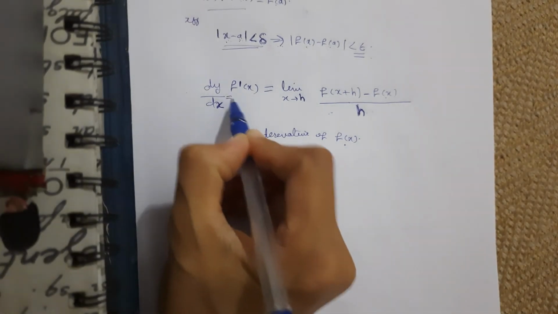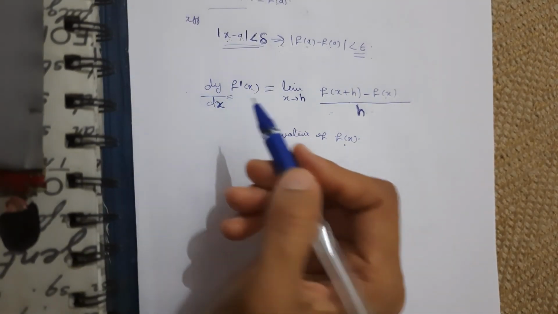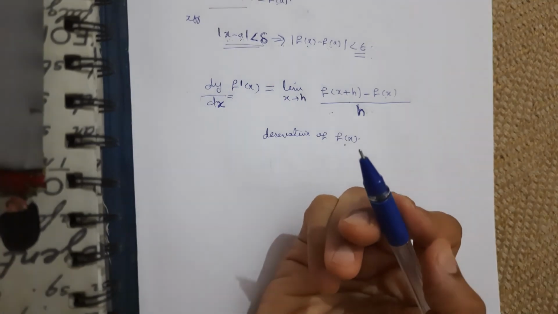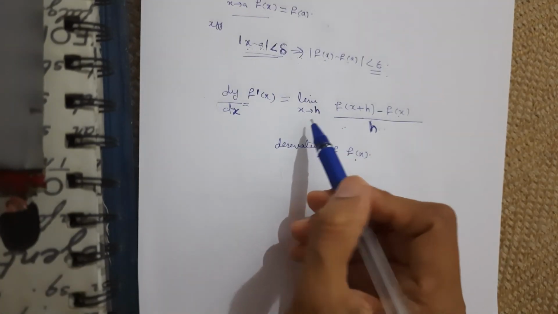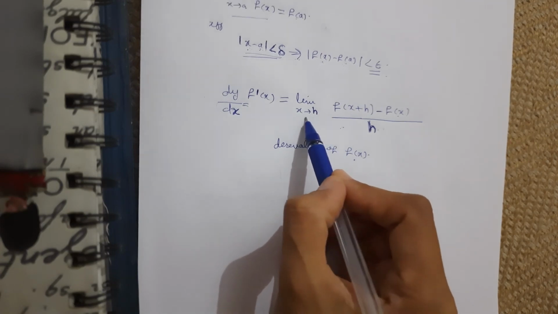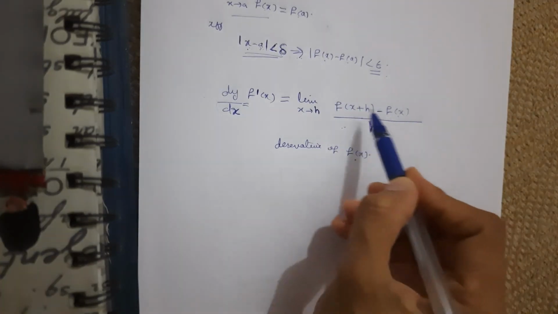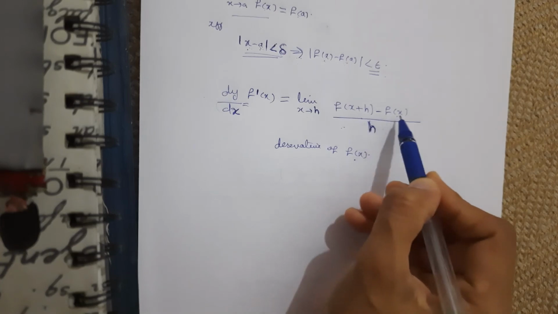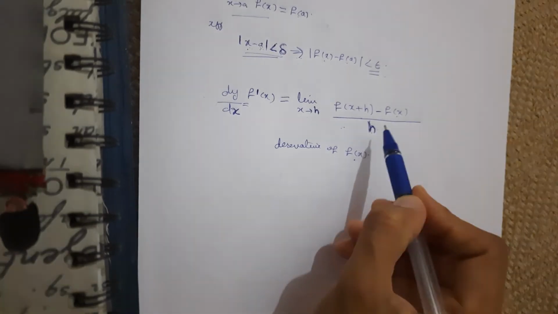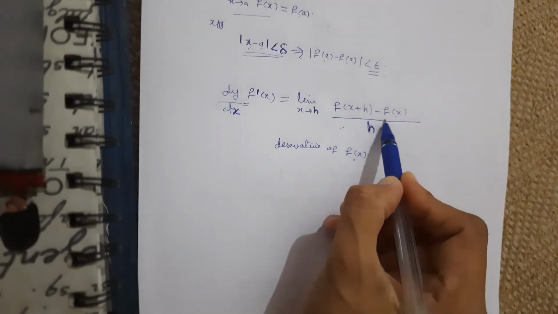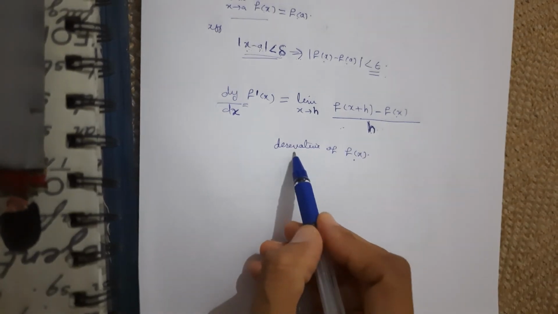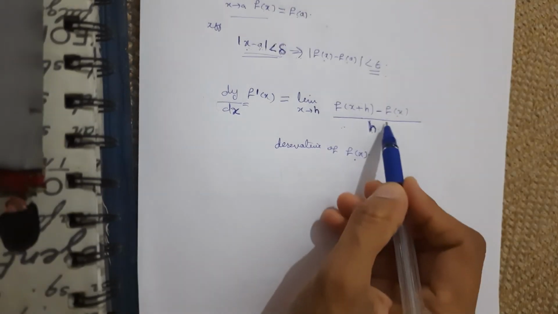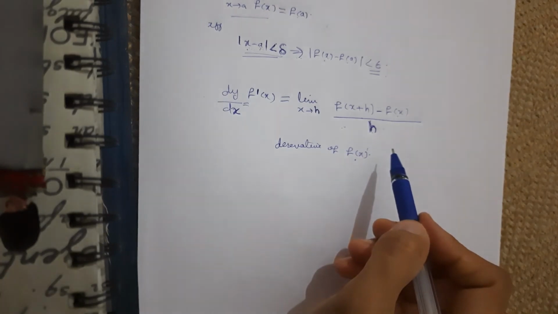We are going to see in detail what exactly this means and why we are saying this, but you just understand that if I find the limiting value in this particular form, f of x plus h minus f of x upon h, then whatever value I get, that value is called the derivative of f of x, the derivative of the function.